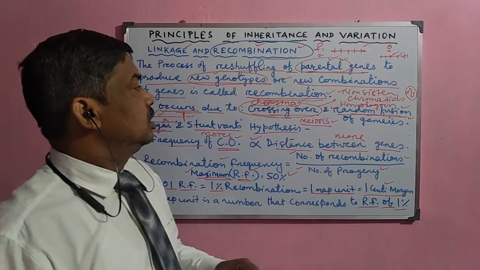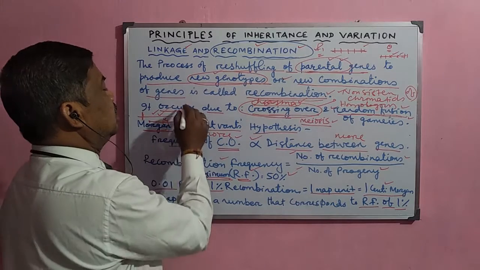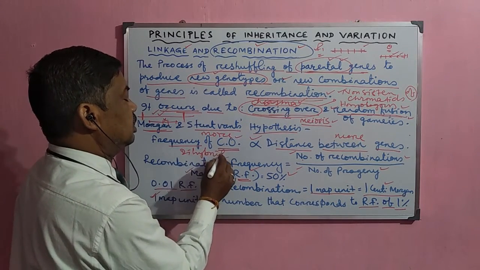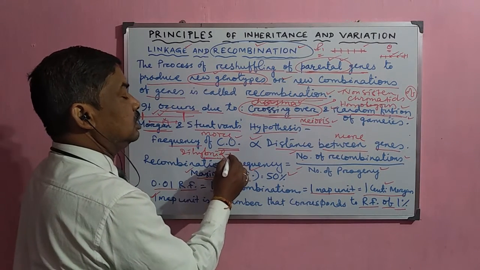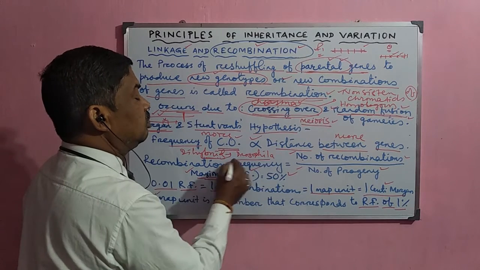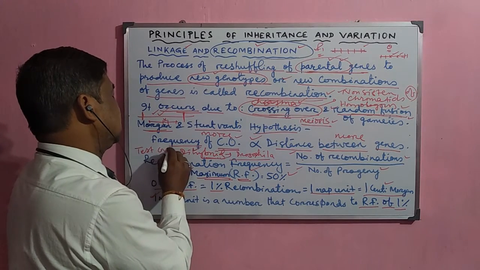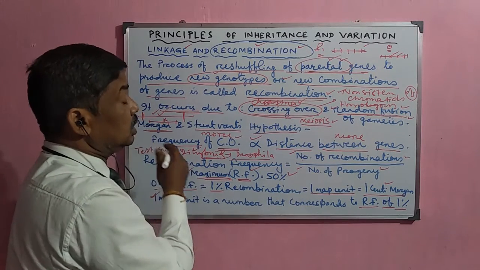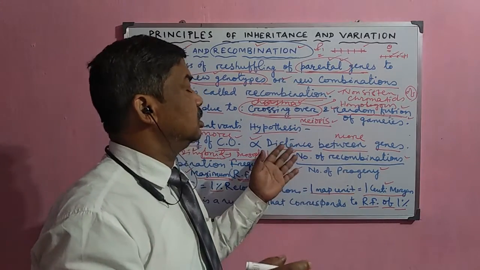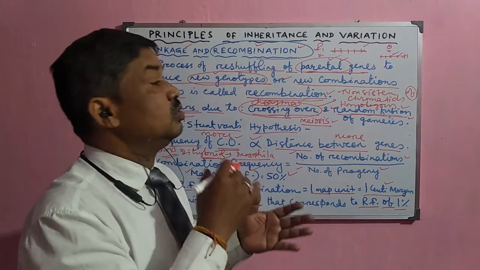Now, this process was also explained by Morgan in his dihybrid test cross experiment conducted in Drosophila, in which he explained in a well-defined way how the process of recombination occurs in those organisms.